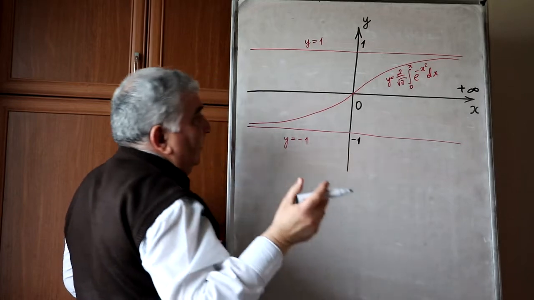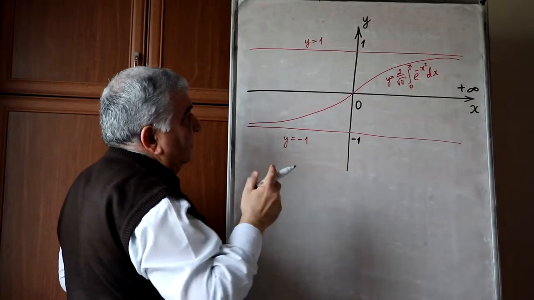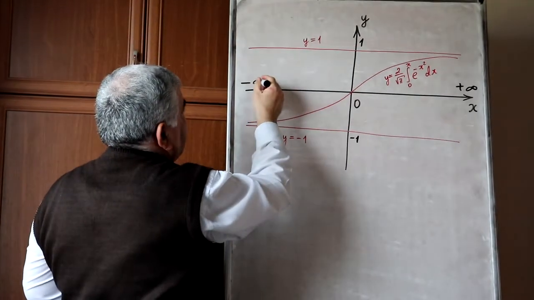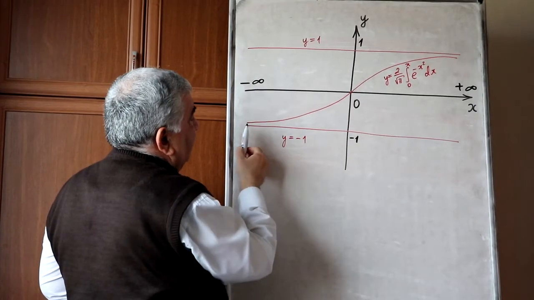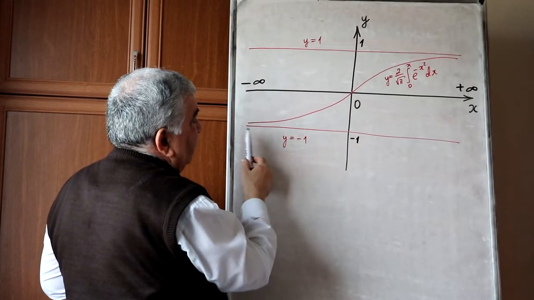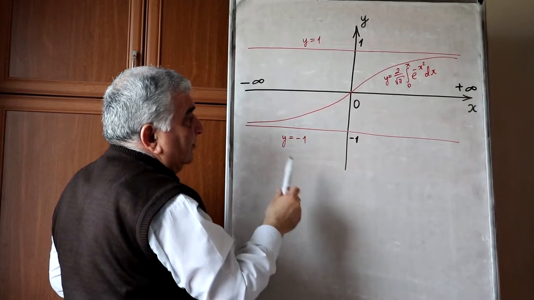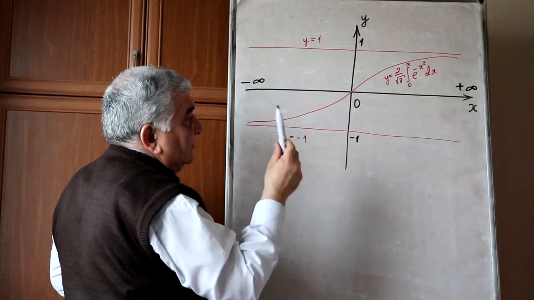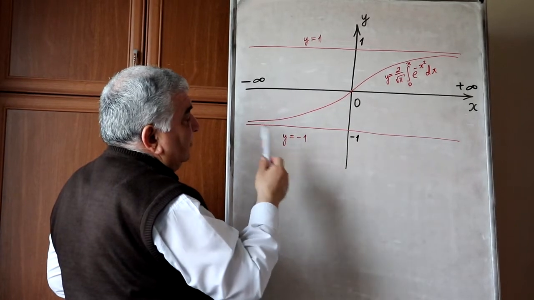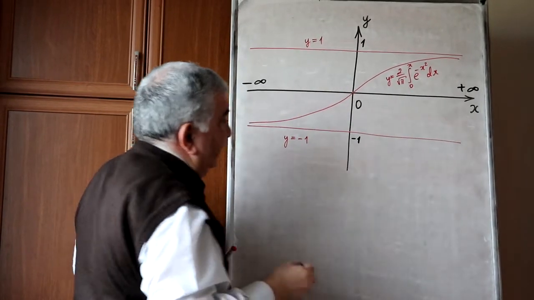And according to the fifth, last property, our function at minus infinity tends to minus 1. That is, the line y equals minus 1 is another horizontal asymptote of this function.